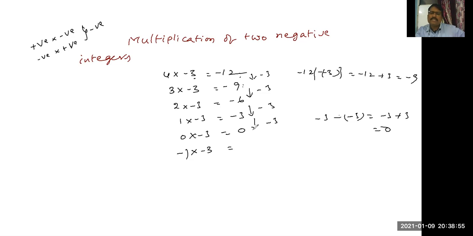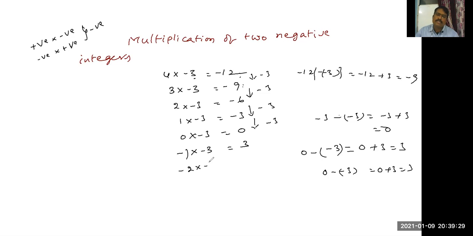So 0 minus of minus 3 is equal to 0 plus 3, that is equal to 3. Decrease means we are subtracting, so we subtract minus 3. 0 minus of minus 3 means 0 plus 3, that is equal to 3.